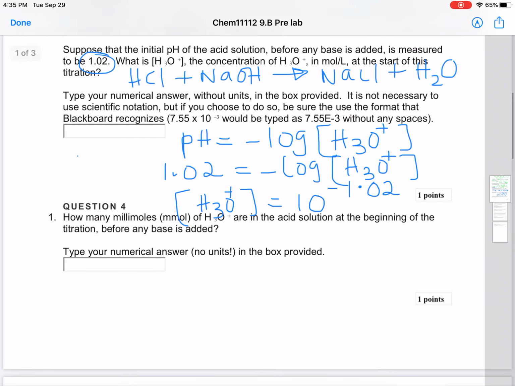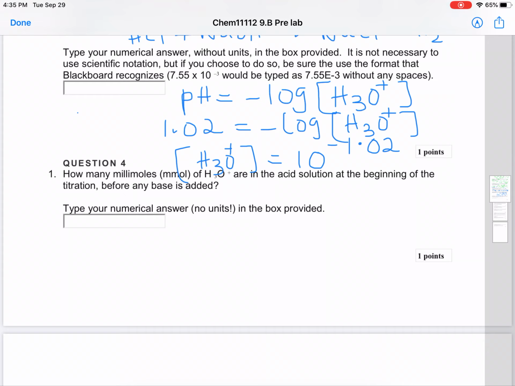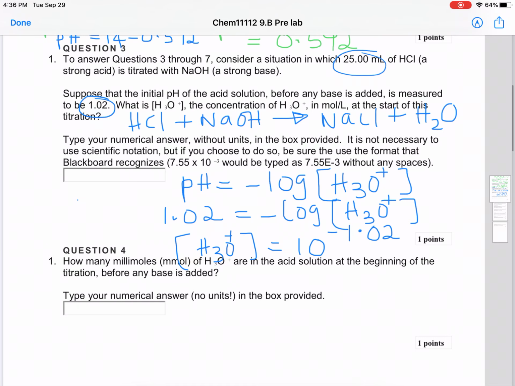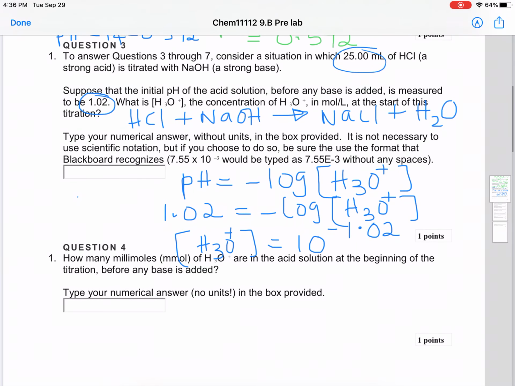And then the next one: how many millimoles are in the acid solution at the beginning of the titration before any base is added? Once you find the hydronium ion concentration, you're going to find the millimoles. From your answer to question 3, you have the molarity of the hydronium ions.